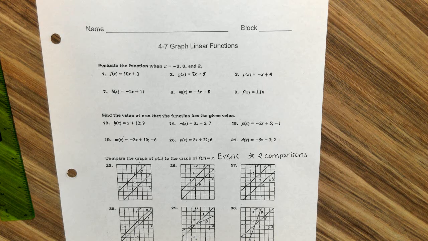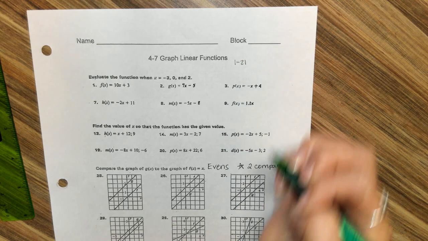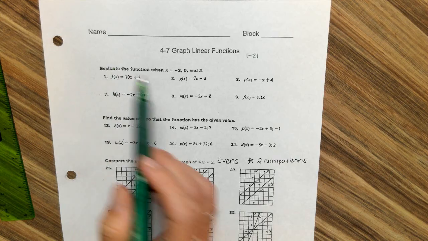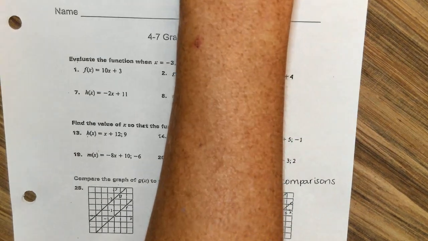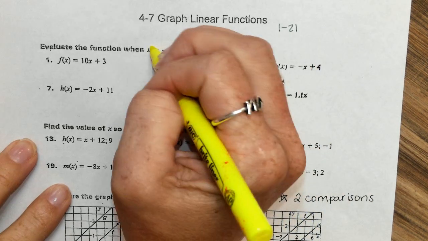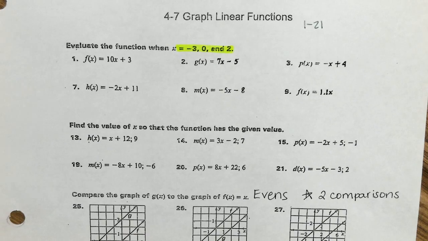Okay, you are going to do 1 through 21 for sure, all of them. Let's look at 1 through 9. It says, evaluate the function when x equals -3, 0, and 2. So am I plugging in for x or am I plugging in for the function?